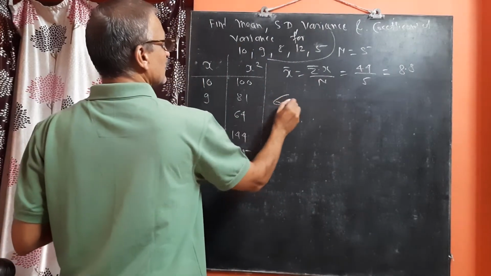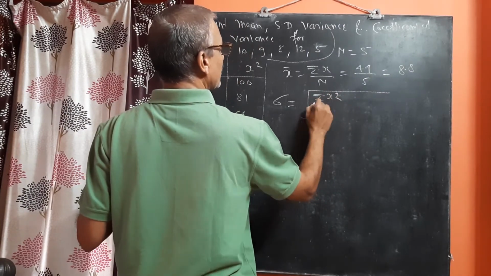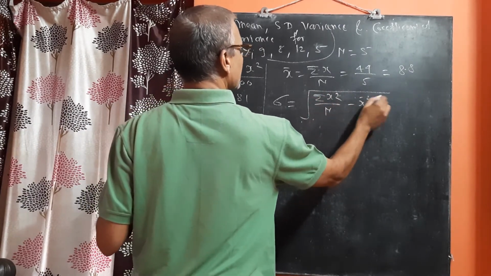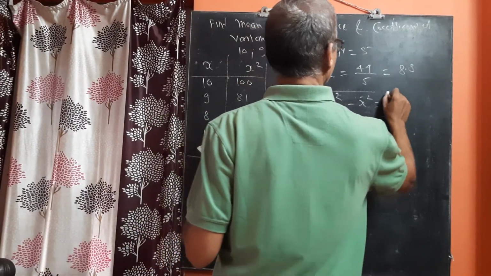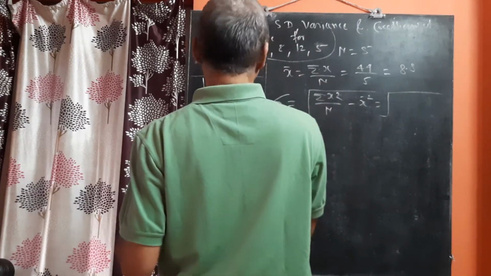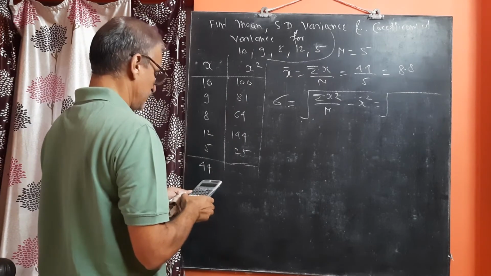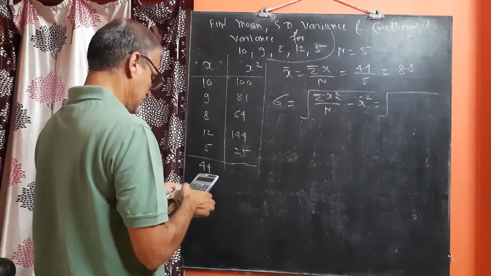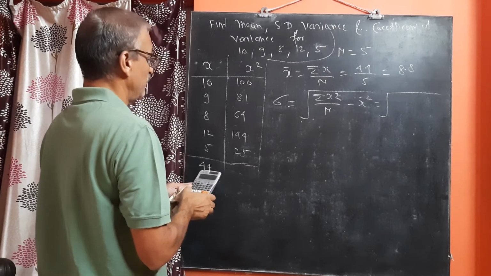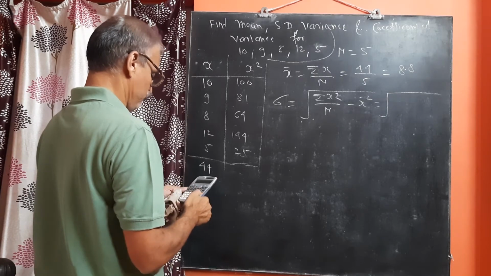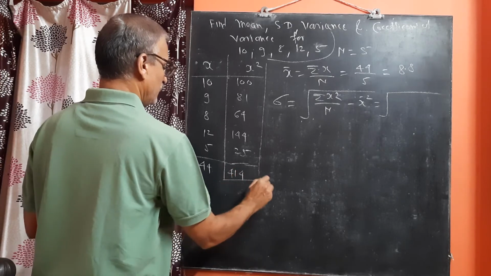Then sigma equals the square root of summation of x square upon n minus x bar square. So that is the square root of summation of x square. We have got summation of x square as 100 plus 81 plus 64 plus 144 plus 25. That is 414.